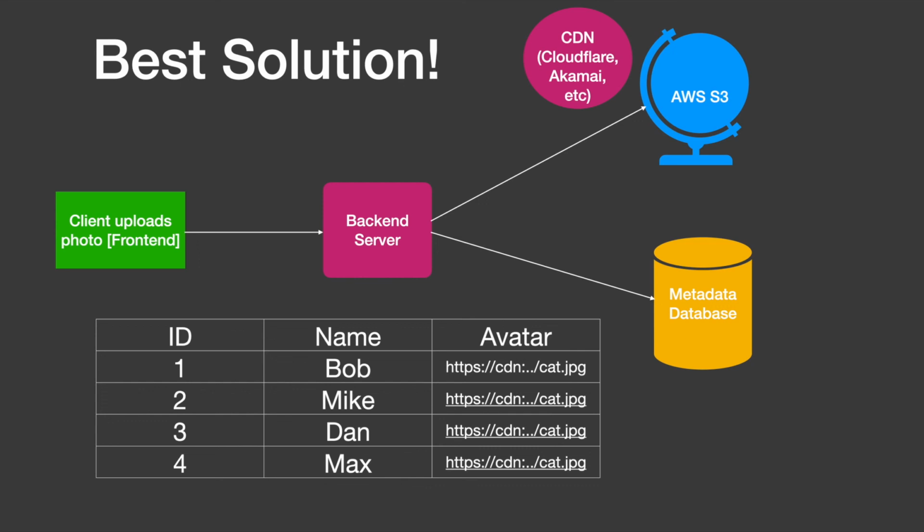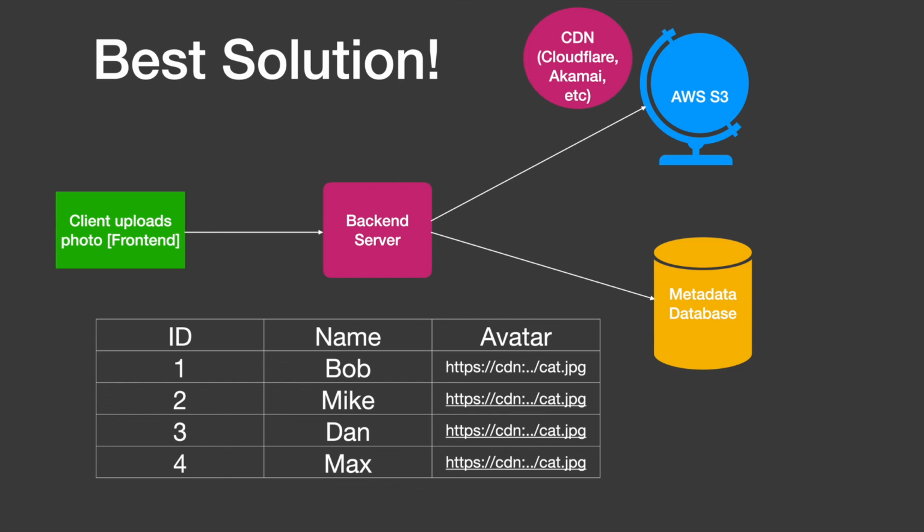Now, when a different client wants to see their avatar, the browser is going to get that CDN URL from your backend, and then it's going to use the CDN URL to get the image. Your CDN provider, whether Cloudflare or Akamai, can see where your user is, and based on your user's location, serve the image from the closest machine.